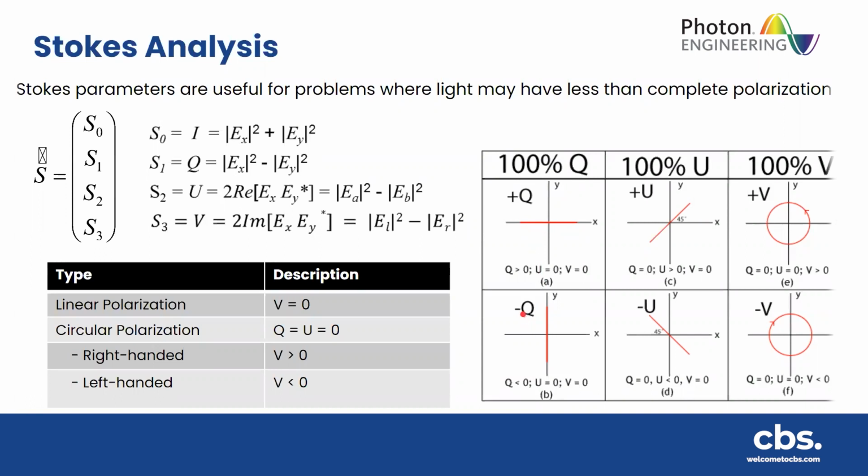If it's minus Q, then it's linear along Y, and so on. And then same for U and V. U is a 45 degree, V is circular, plus V is right-handed, and minus V is left-handed. So it's a good way to quantify a hybrid state of a polarized beam.